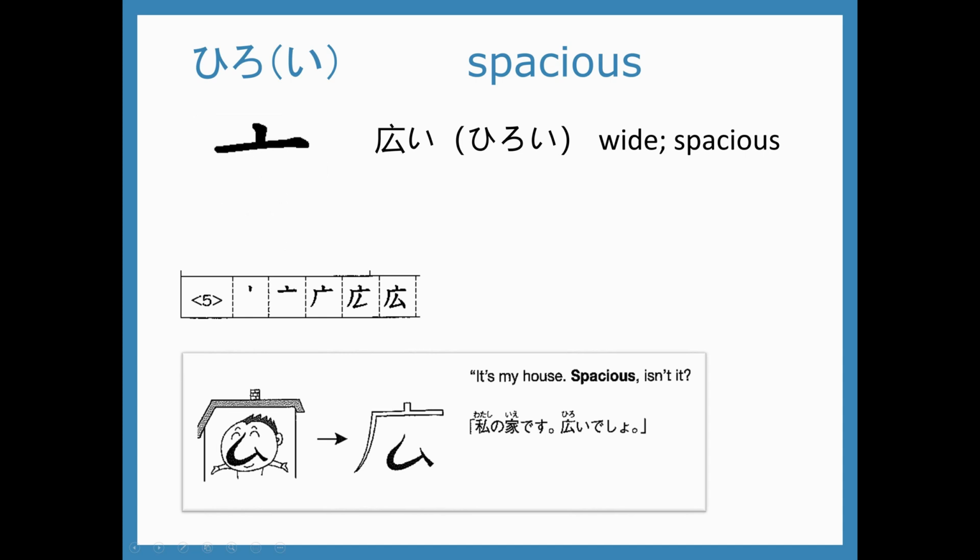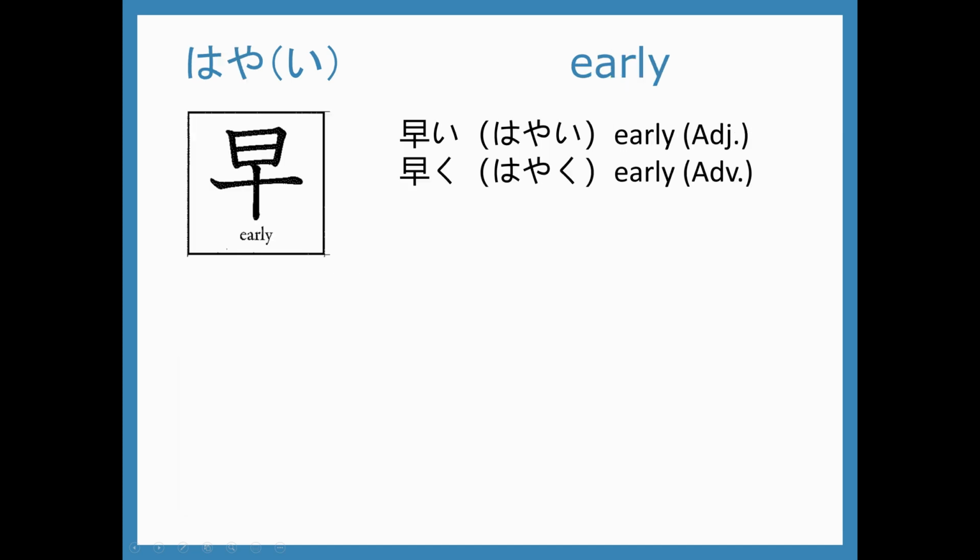So 1, 2, 3, 4, 5, カタカナム。もう一度、1、2、3、4、5。もう一度、1、2、3、4、5。広い、広い。Our next kanji is one that is more familiar to us.